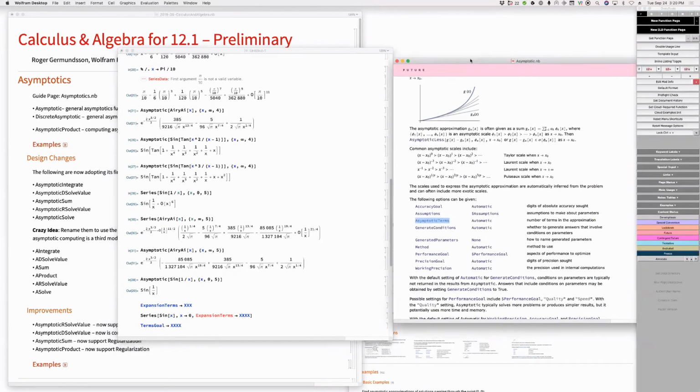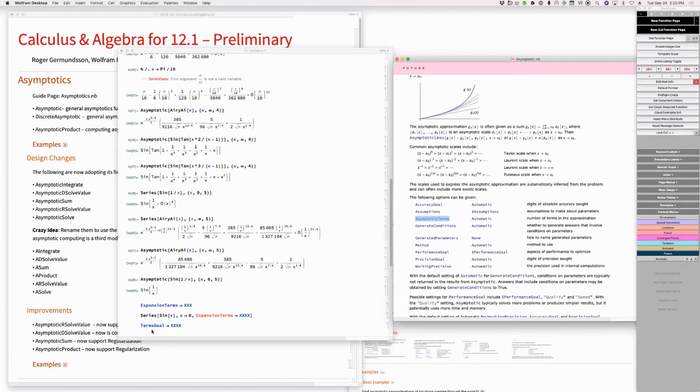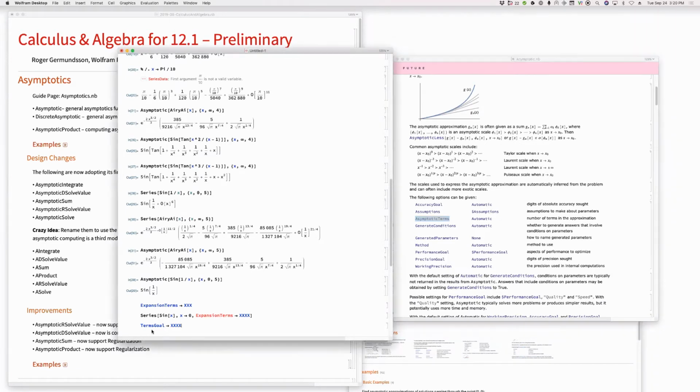But now, what's the right name? Do we want to call it terms? I mean, the problem is if we call it asymptotic terms goal, as you say, how bad would that be for series?